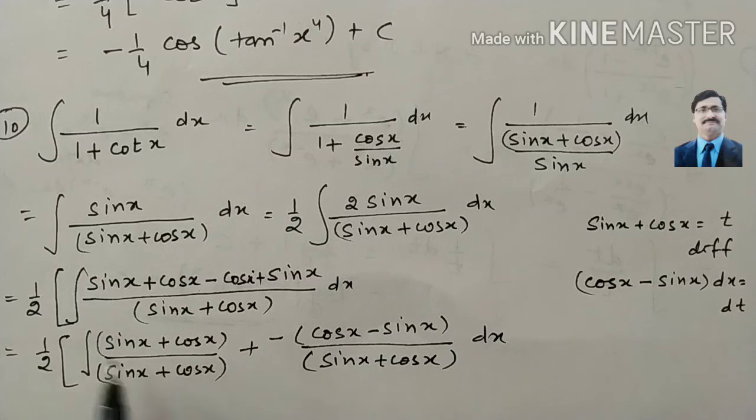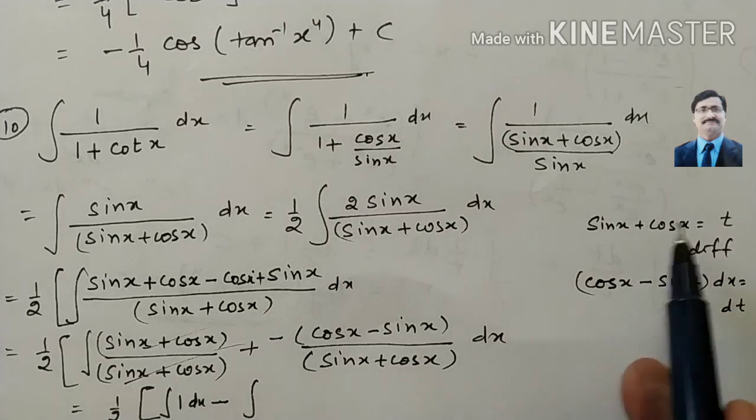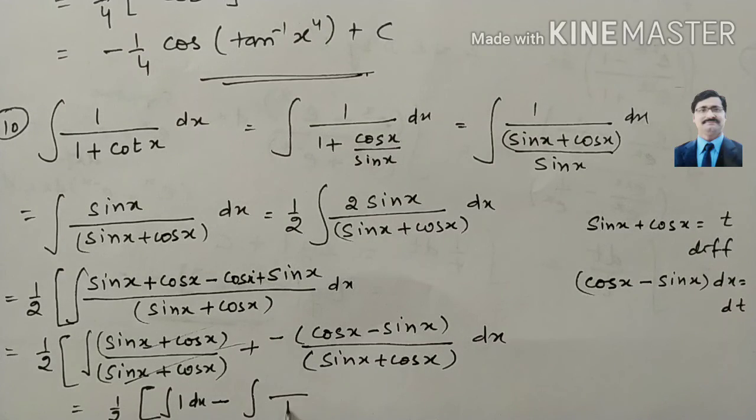Okay, now these cancel, we get 1, so we can write 1 upon 2, and this will be 1 dx minus, where sin x plus cos x is t, and cos x minus sin x dx is dt, so we write dt. All understand?